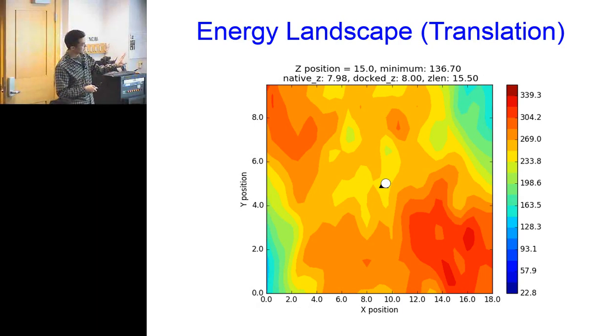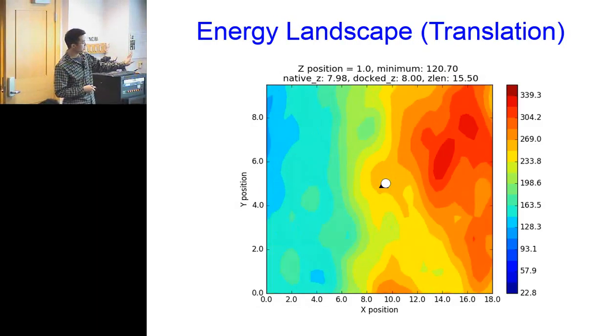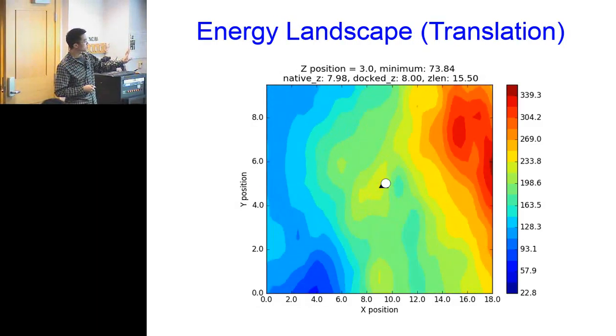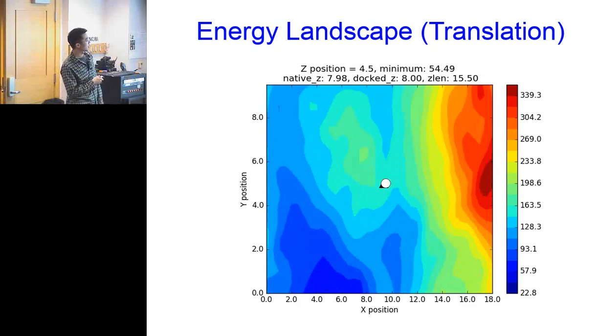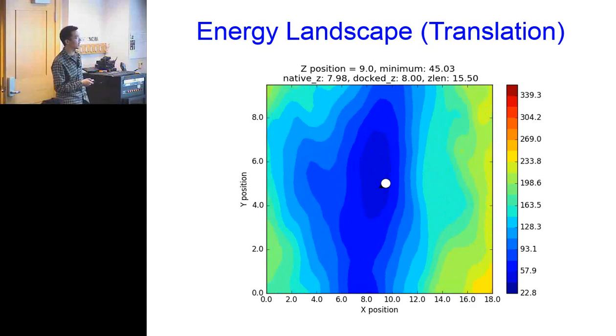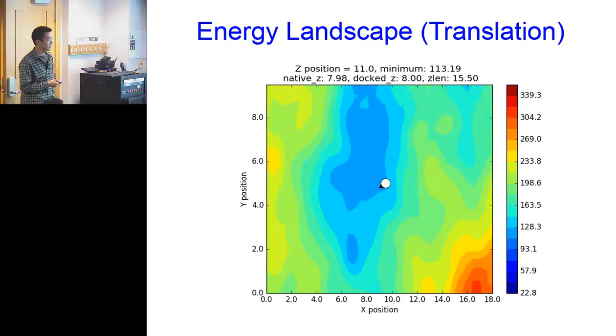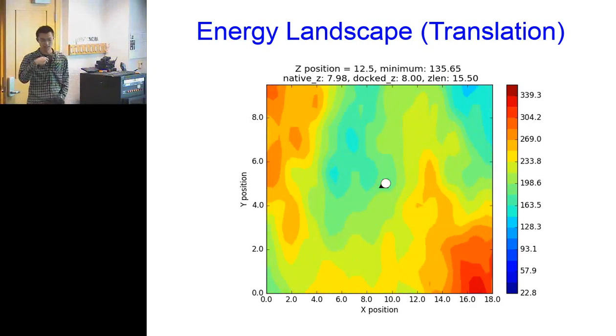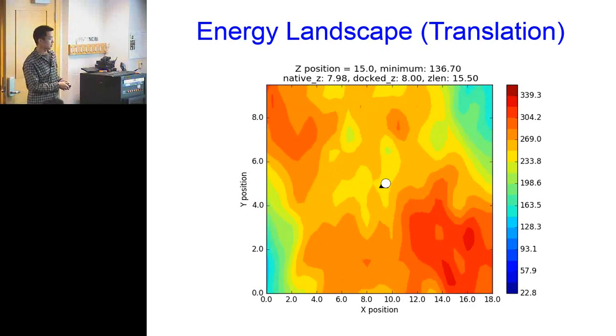And as you can see, the picture is changing as you zoom in along the z dimension. Each point corresponds to an energy for that position, that pose of the ligand. So x, y, and z. Z is changing.